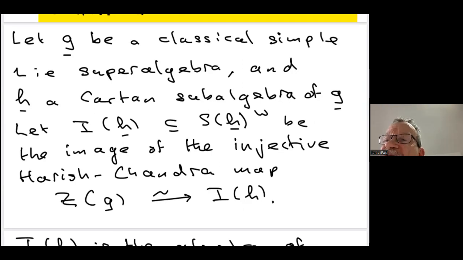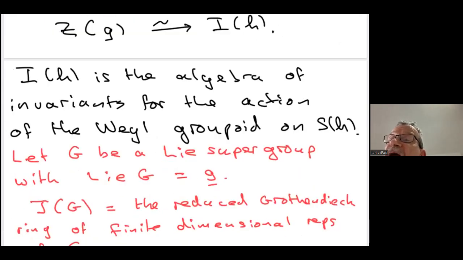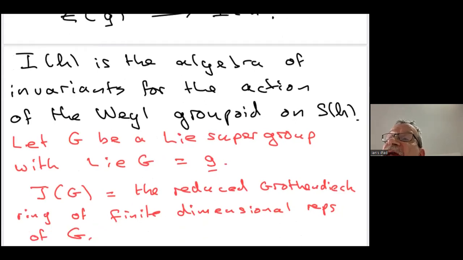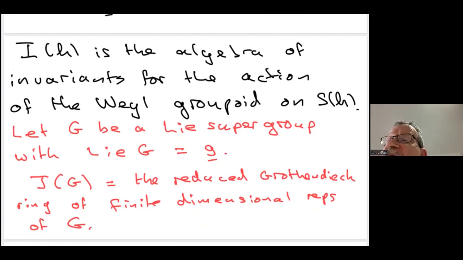It's contained in S(H)^W, and it's the image of the injective Harish-Chandra map from the center of the enveloping algebra to I(H). And this algebra is the algebra of invariants for the action of the Weyl groupoid on S(H).